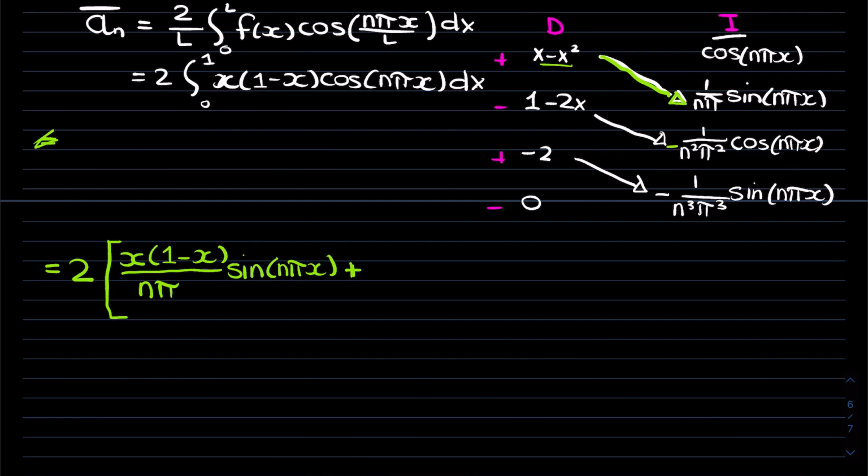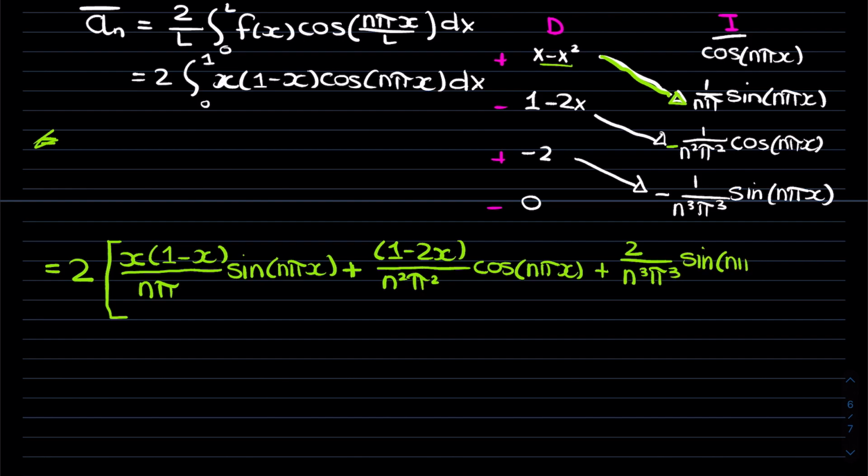So actually it's going to be plus, and we're going to get 1 minus 2x over n squared pi squared cosine n pi x, and we're going to get another negative plus negative, so we're going to get plus 2 over n cubed pi cubed sine n pi x, and that is going to be from 0 to 1.